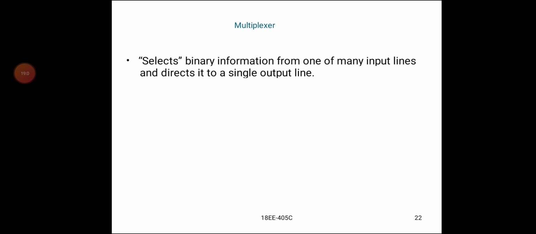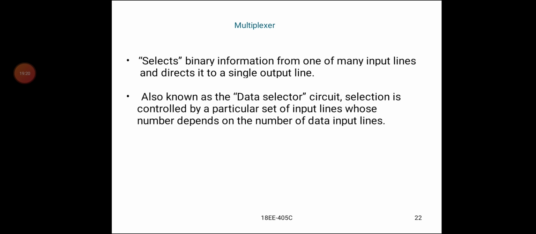A multiplexer selects binary information from one of many input lines and directs it to a single output line. It is also known as a data selector circuit.